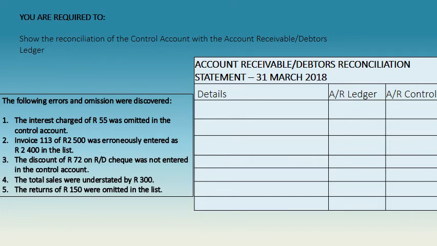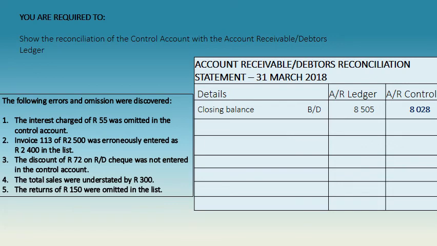The first entries to be recorded will be the closing balances calculated from these ledgers before this reconciliation. The closing balance that we calculated from the subsidiary journals was a total of 8,505 rand. For the accounts receivable control in the general ledger, the closing balance was 8,028 rands.